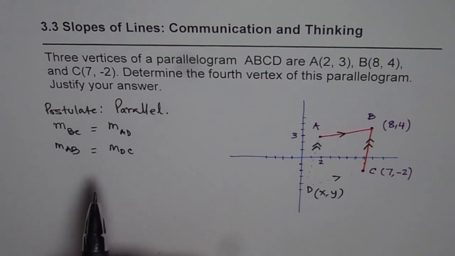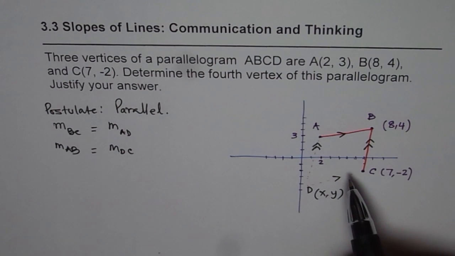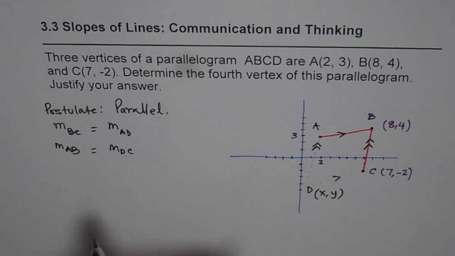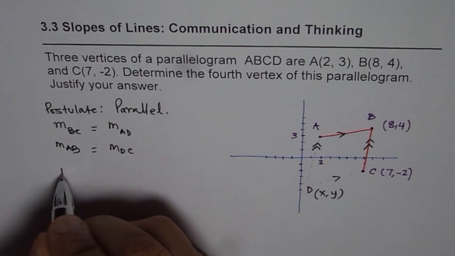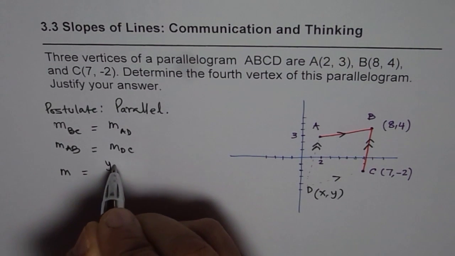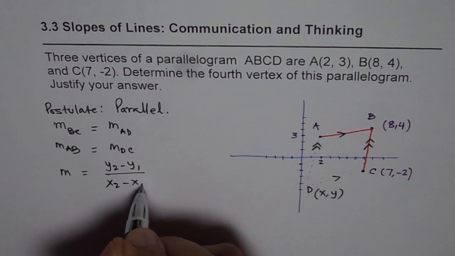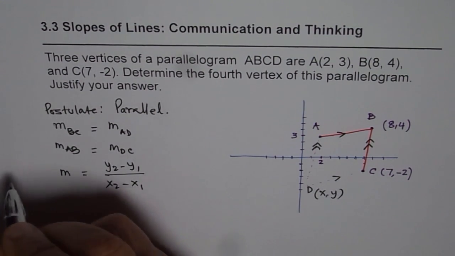So the parallel postulate says that two lines are parallel if their slopes are exactly the same. Now we can also find the slope using the slope formula. The slope formula says that the slope m is (y2 minus y1) over (x2 minus x1). So this is our slope formula.